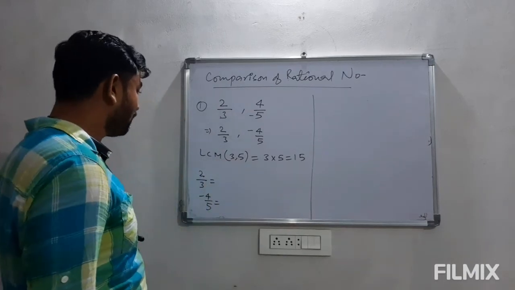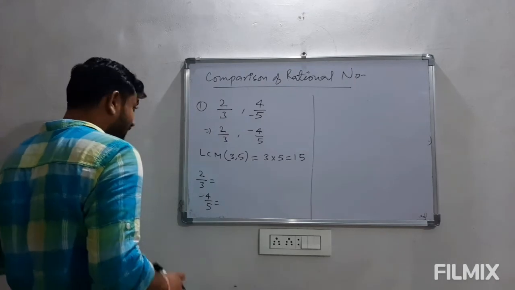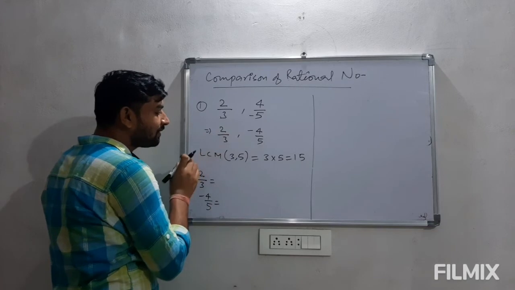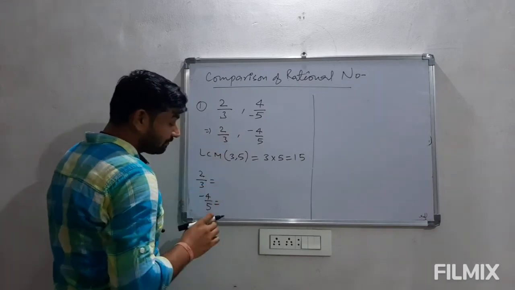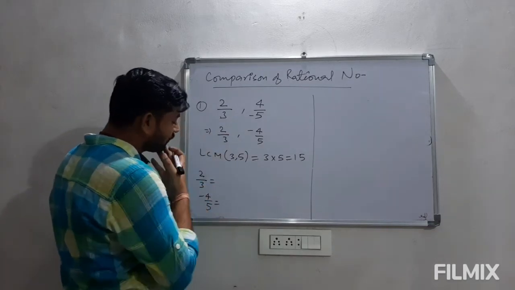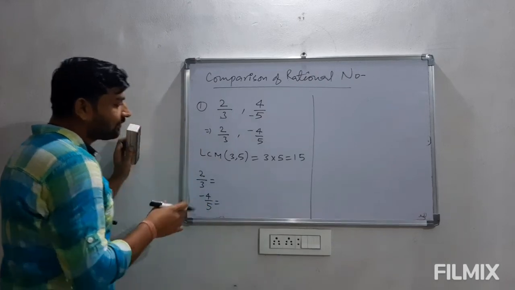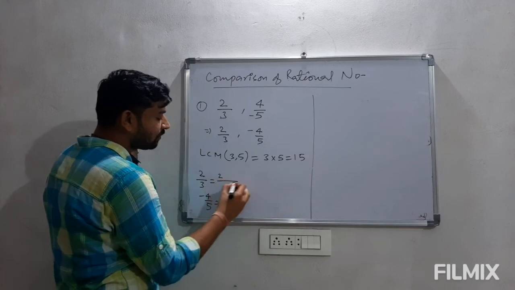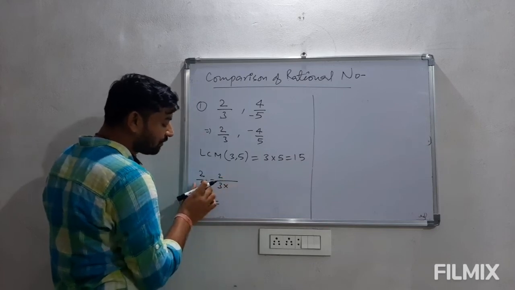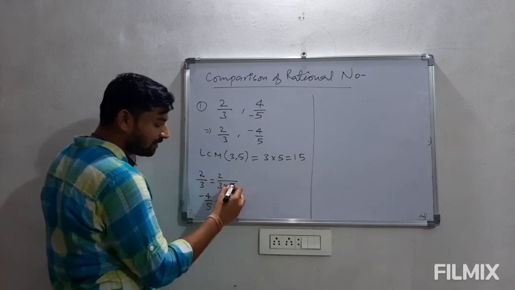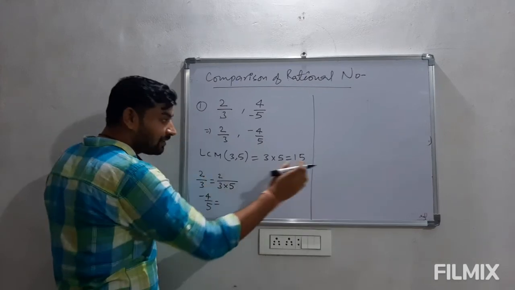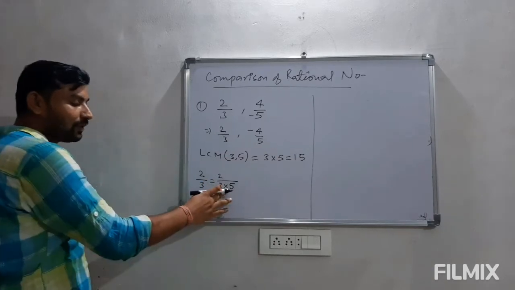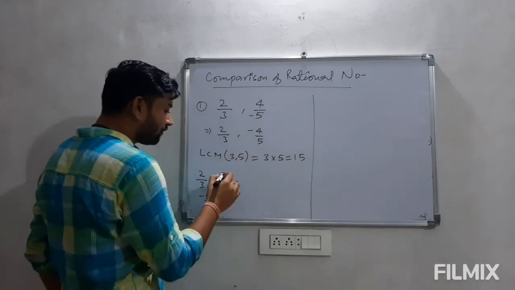So we will find out the equivalent of 2 by 3, in which the denominator will be taken as the LCM, that is 15. So to make this denominator 15, what we have to do? We have to divide the LCM by the given denominator, that is 15 divided by 3, so we get 5. So here we have to multiply by 5.